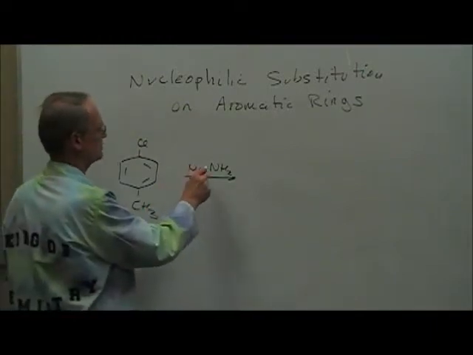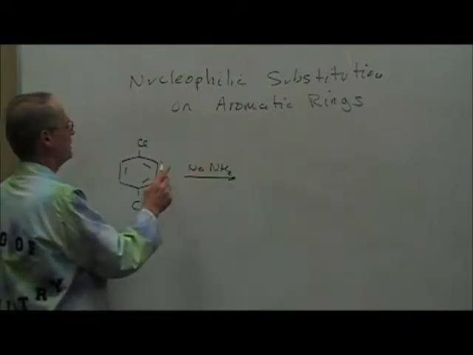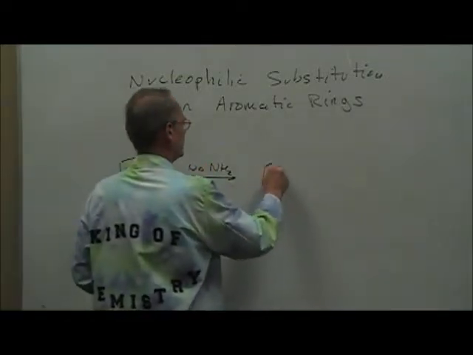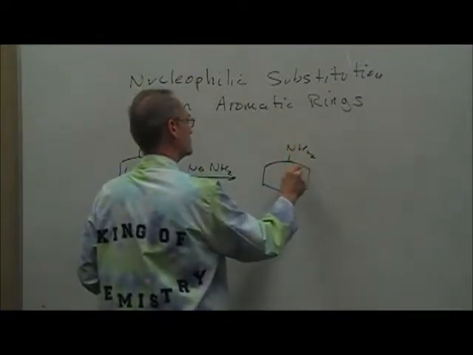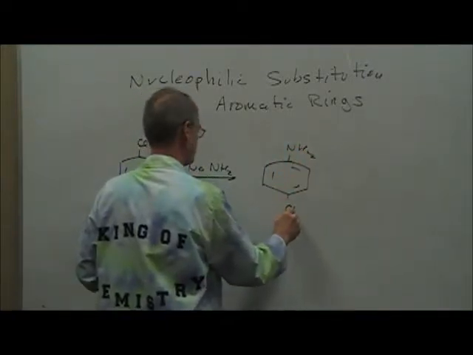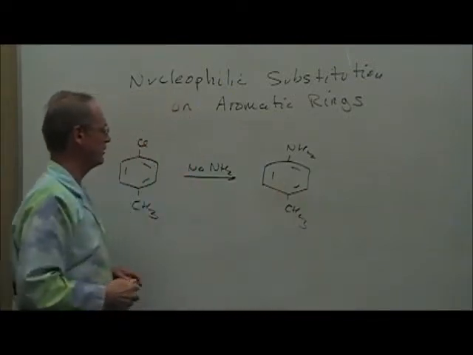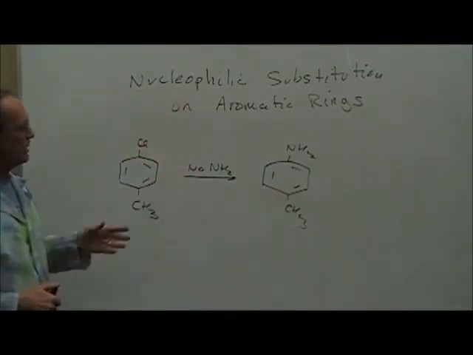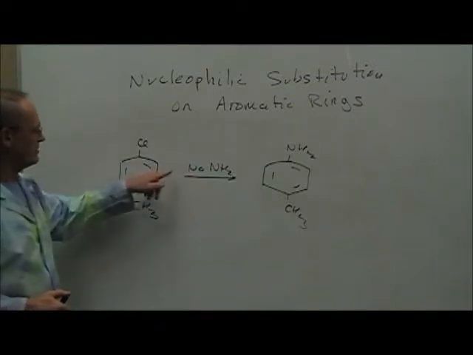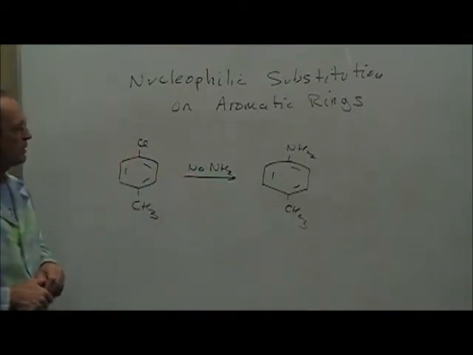Remember, it's a positive sodium and a negative NH2. And what we find out is that we get what certainly looks like nucleophilic substitution on the benzene ring. You end up with the chlorine being replaced with the NH2 group. And of course the byproduct here would be sodium chloride. The sodium and the chloride would go off as a byproduct.